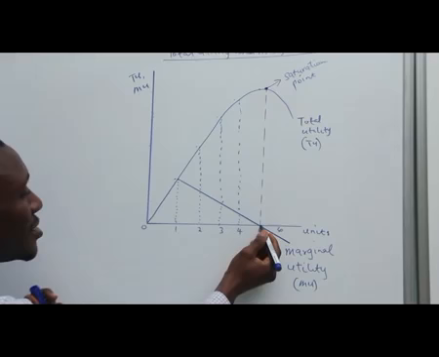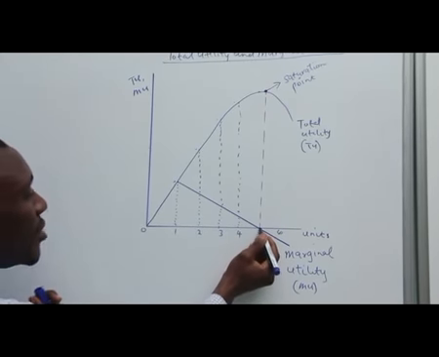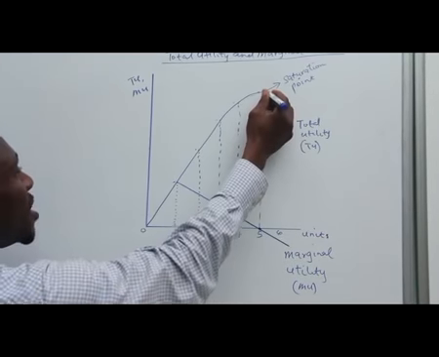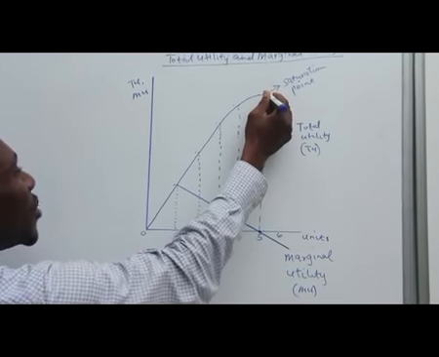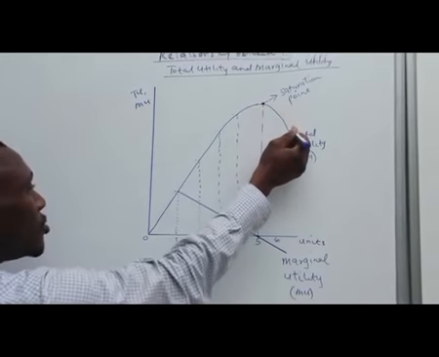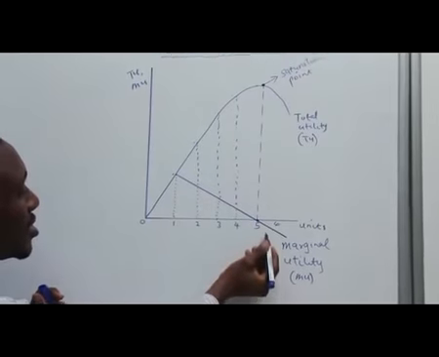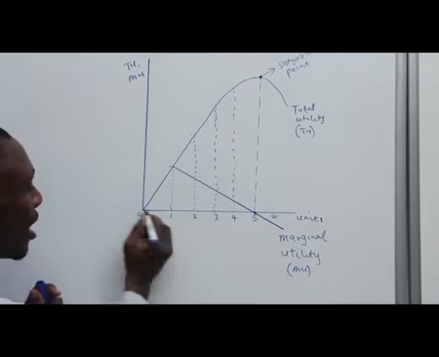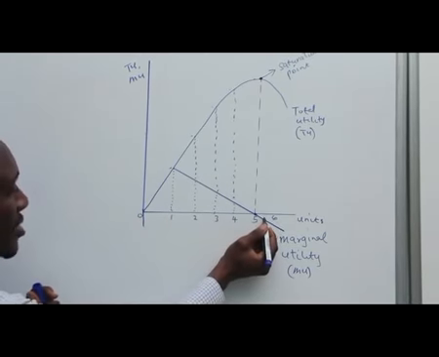That is, at the 5th unit, the marginal utility is 0 here, while total utility is at its peak. Now, when you further the consumption of such a commodity, the total utility drops. What happens to marginal utility? It becomes negative. That is, after 0, we have minus, that is negative.